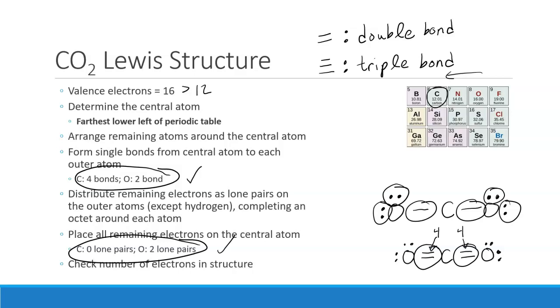Plus 2 and 4 and 2 and 4 from the lone pairs, you get a total of 2, 4, 6, 8, 10, 12, 14, 16. So our final structure is a carbon double bonded to each oxygen, with 2 lone pairs on each oxygen.